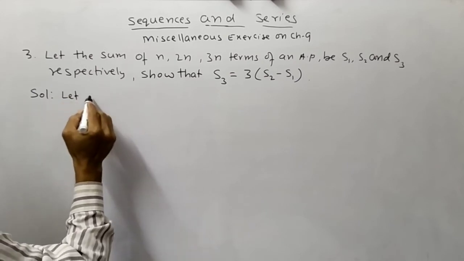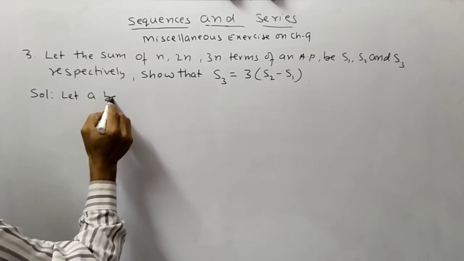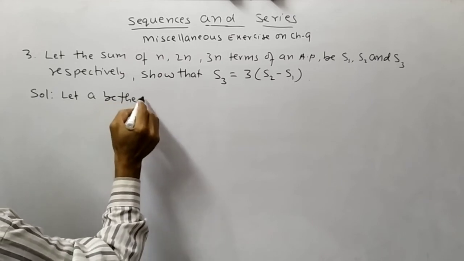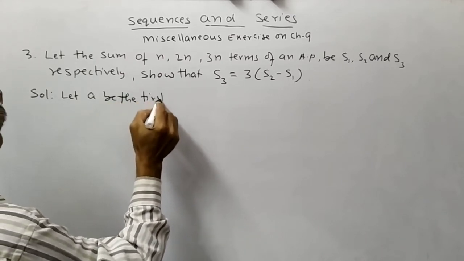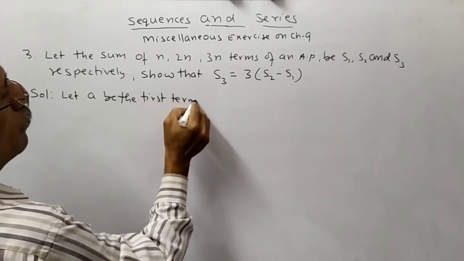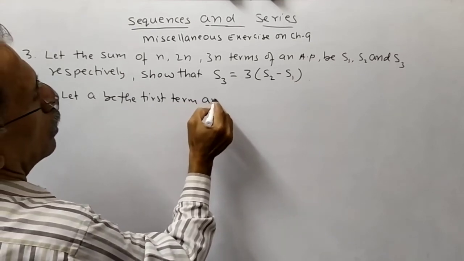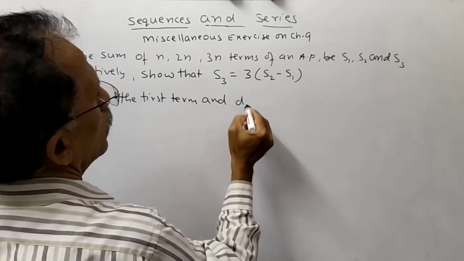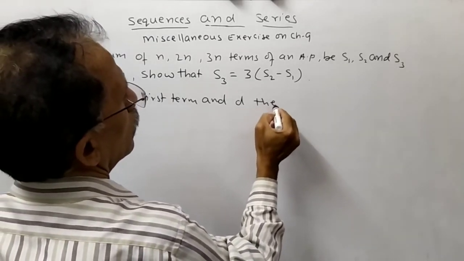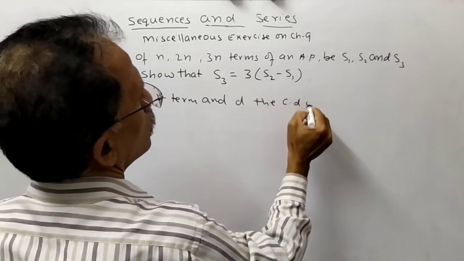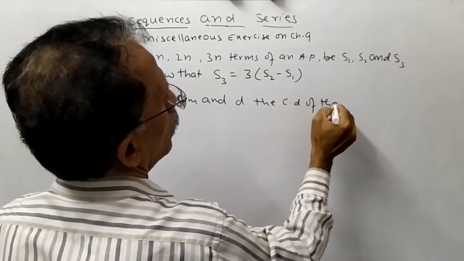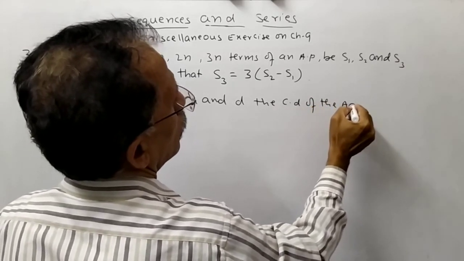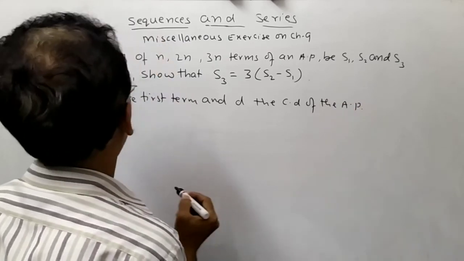Let A be the first term and D the common difference of the AP.